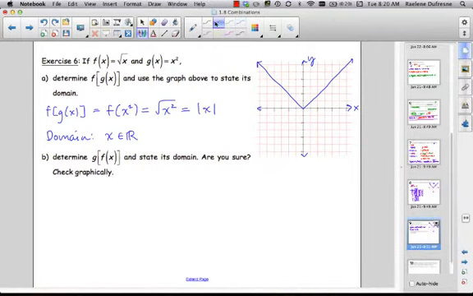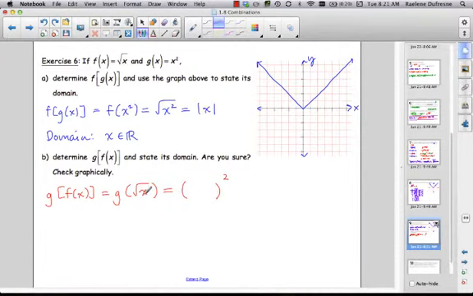Okay, in part B, the graph of g of f of x. Well, let's see. G of f of x is equal to this g evaluated at, or with the square root of x substituted in. And g is the squaring function. So here is stuff squared.